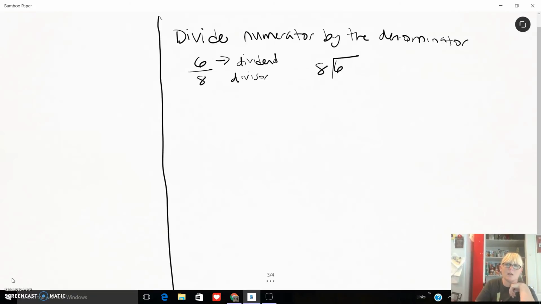Now obviously 8 can't go into 6, so we're probably going to need a decimal here. So 8 goes into 6, 0 times. 8 times 0 is 0. Bring the 0 down for 60. 8 goes into 60 7 times, 56.